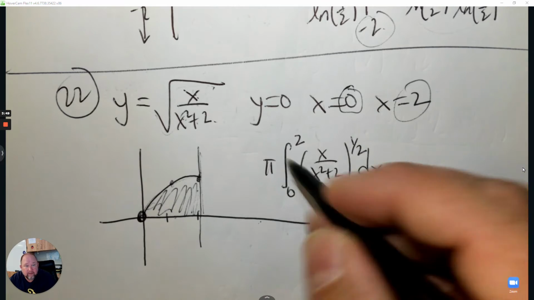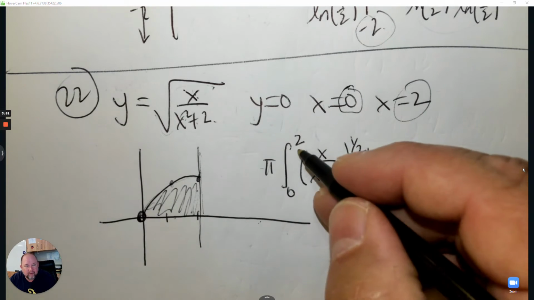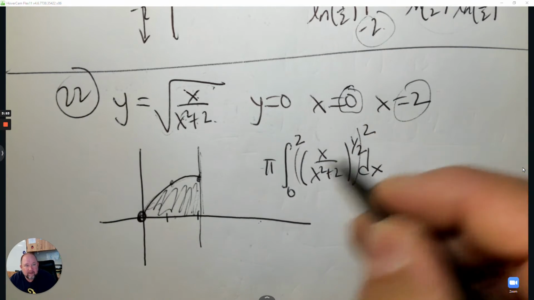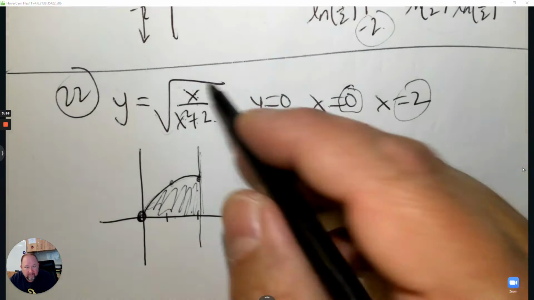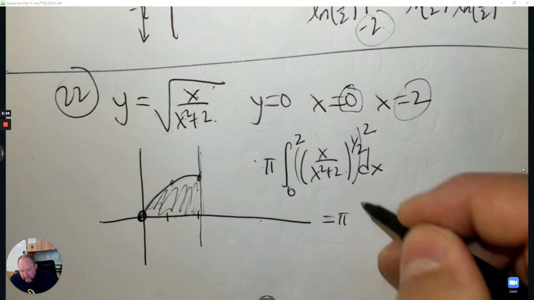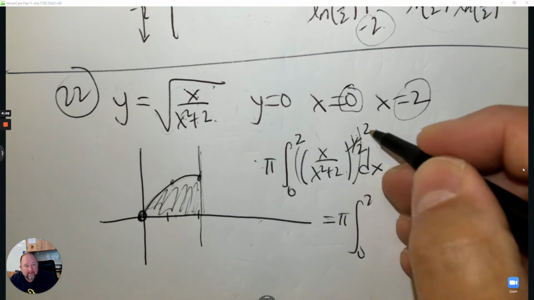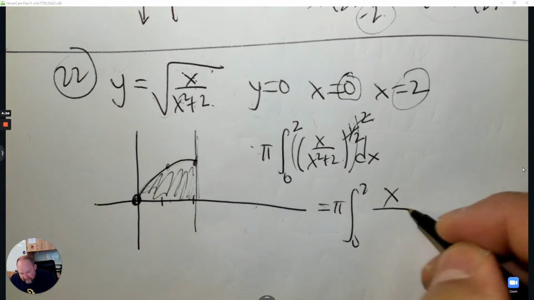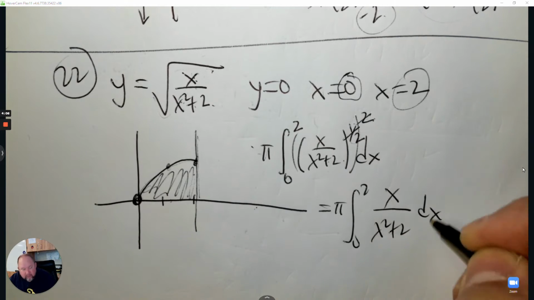And there you go. So pi r, oh, and I got to square it, sorry. So pi r squared, and then I put that in. I really didn't need calculus friendly, but what I want you to notice here is that the 1/2 and the 2 just leave you with x over x squared plus 2.